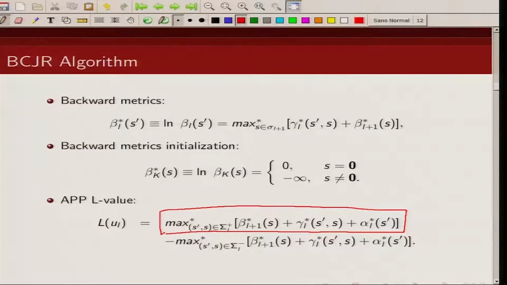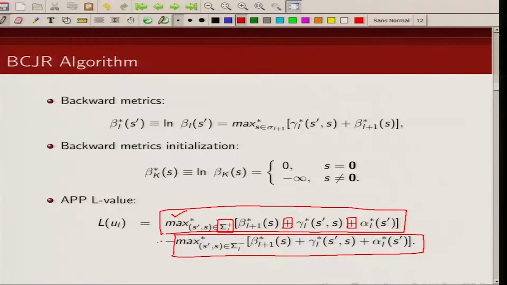Again, the summation term has been replaced by this max star operator, and this product term has been replaced by these addition terms. And similarly, this corresponds to all those transitions where my information bit is plus 1, and in the denominator we had this. So, we take log of them, so it becomes minus of this, and the denominator corresponds to all those transitions which belong to information bit being minus 1.